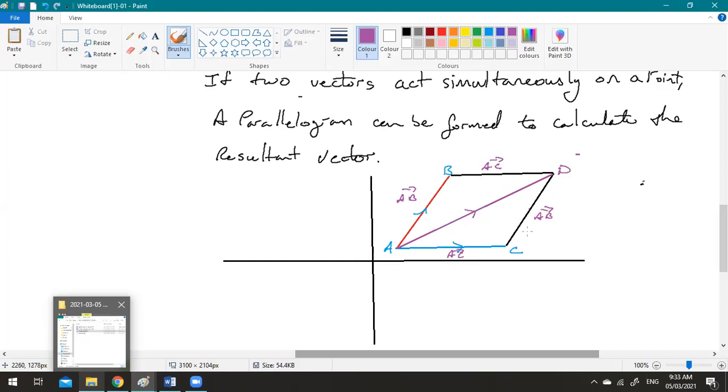Why did I label this here as AB? Why did I label here as AC? What do we know about a parallelogram? The opposite sides are equal, very good. So this side here will be equal to this side here, and this side here will be equal to this side here.